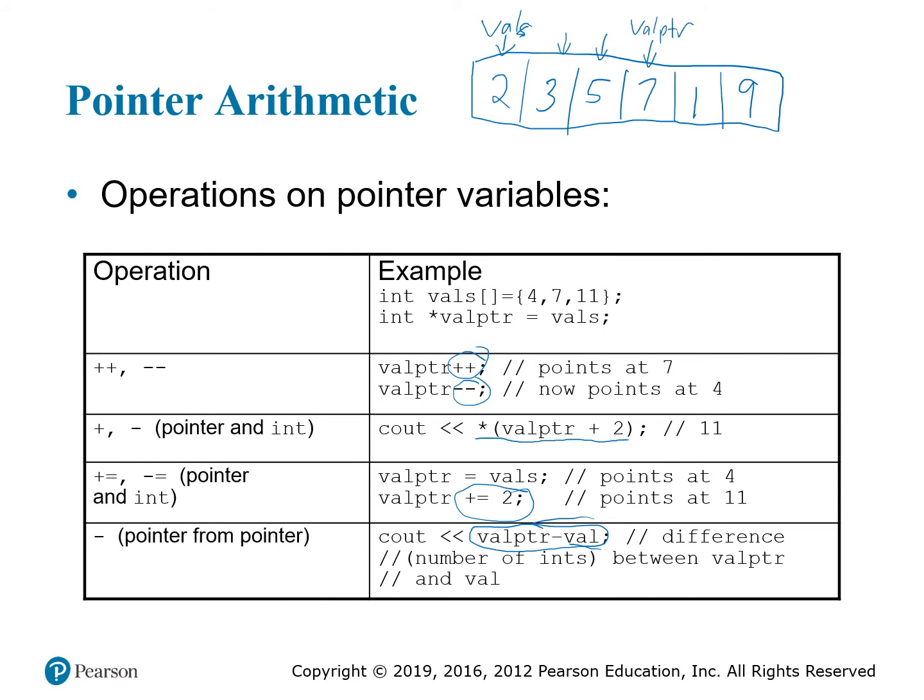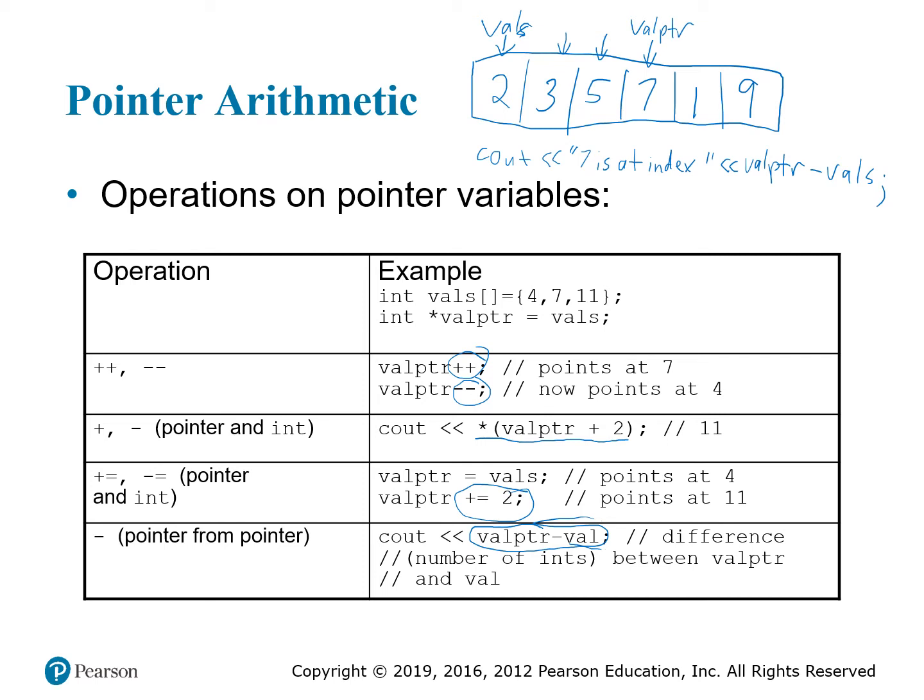We want to know what index 7 is at, so we could print out valPointer - vals.